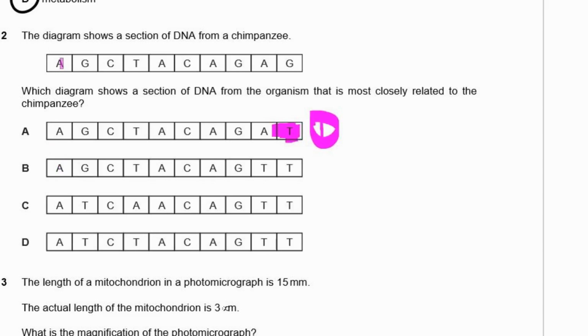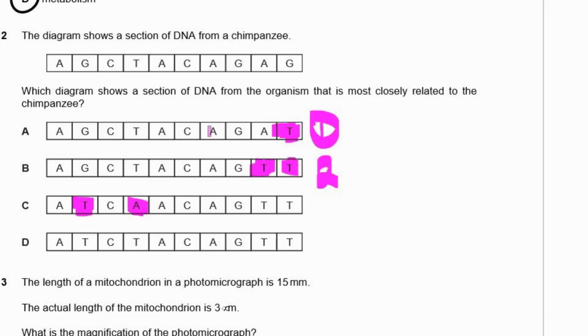But if we look at B: AA, GG, CC, TT, AA, CC, AA, GG, AT, that's different. GT, that's also different. So we have 2 differences. Then we have AA, GT, oh, that's a different one. CC, TA, that's a different one.